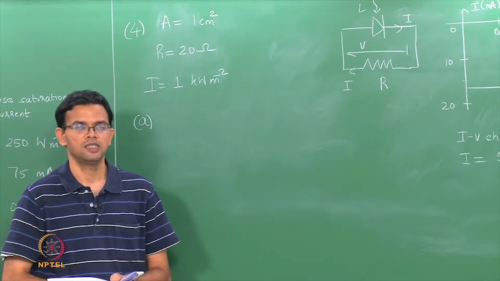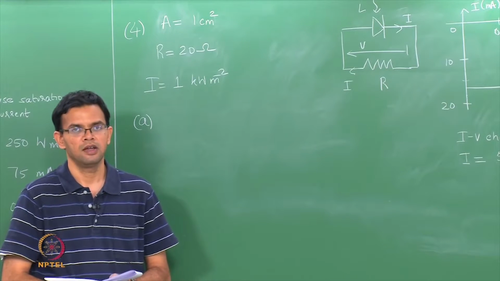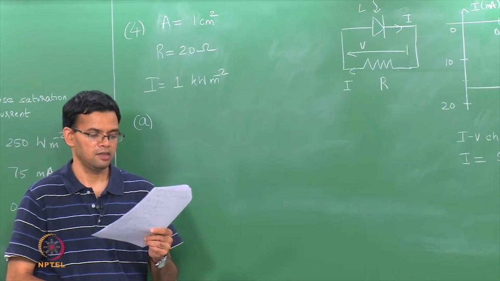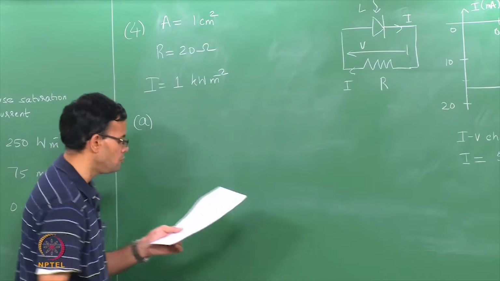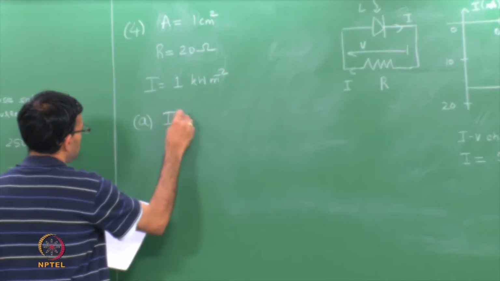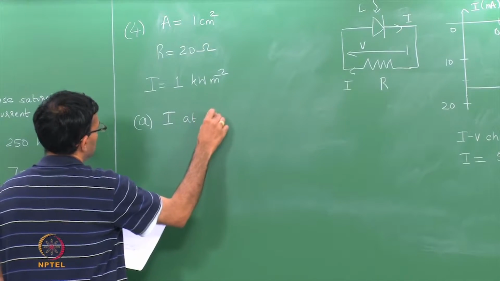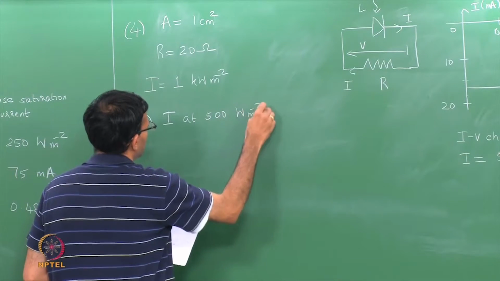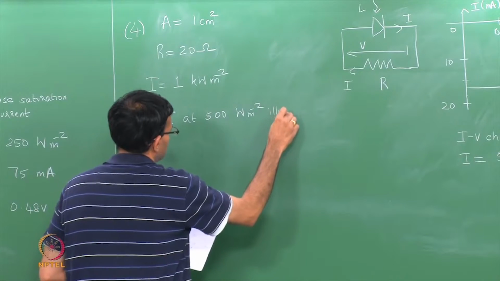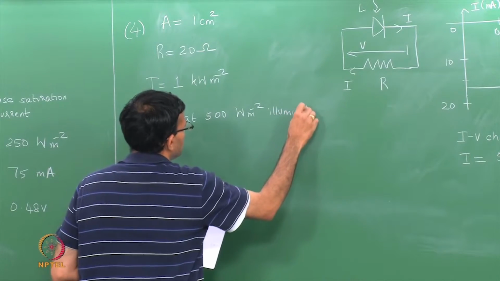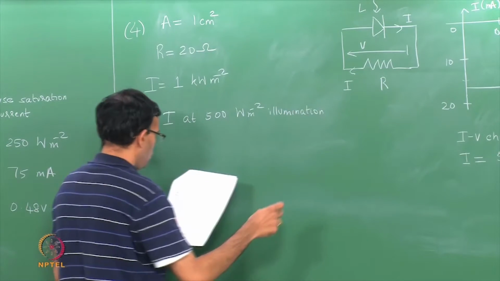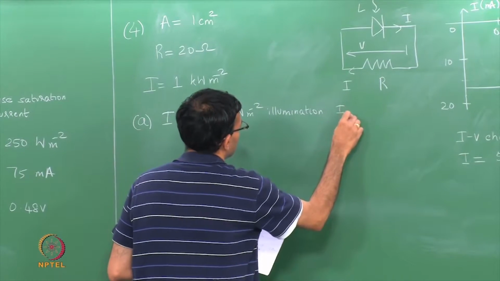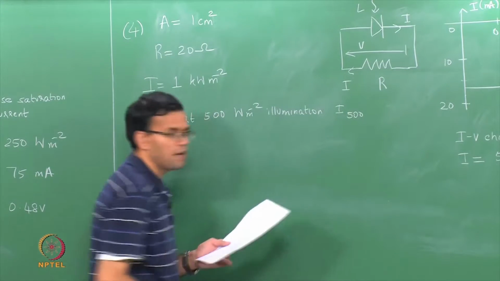So, when a solar cell is essentially driving an external resistor R, there is some current that is flowing through. So, this current at 500 watts per meter square illumination, I am going to call this as I 500.